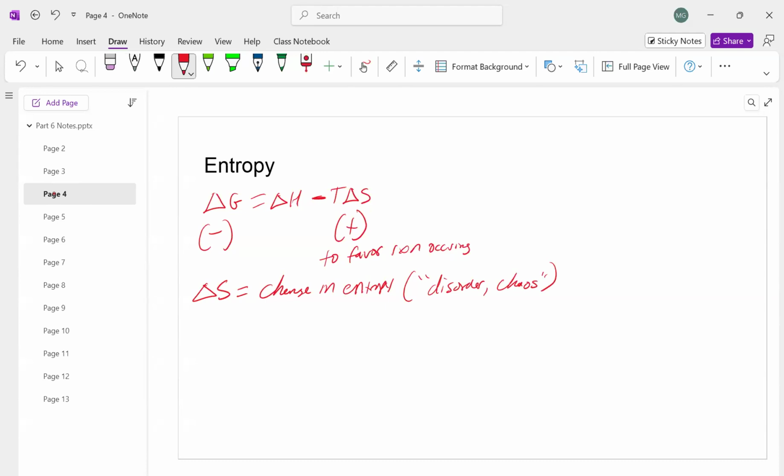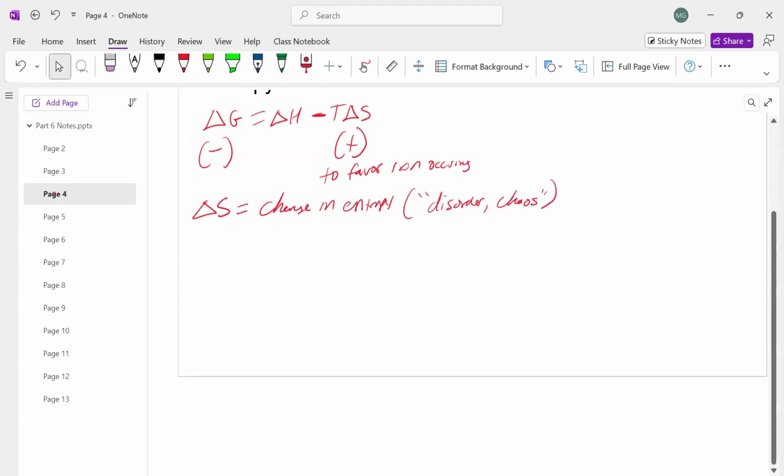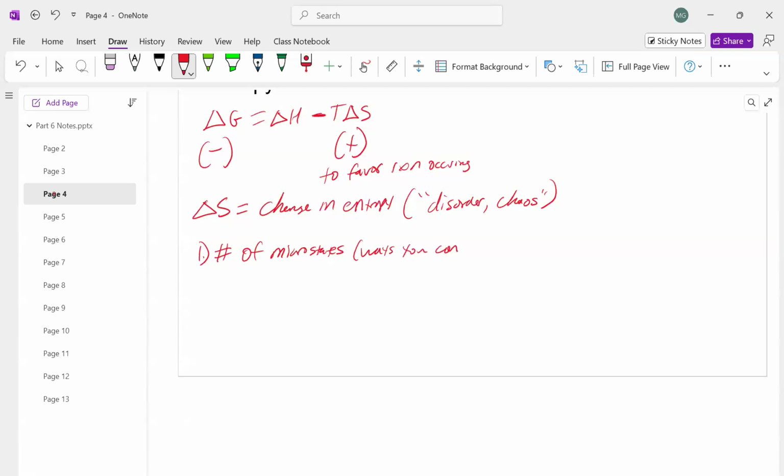Now, there's a number of ways that you can judge what the sign of the entropy should be. You'd have to calculate if you wanted the exact numbers, but you can always predict what the sign will be. Number one is you look at the number of microstates. And this is just the number of ways you can organize a system.